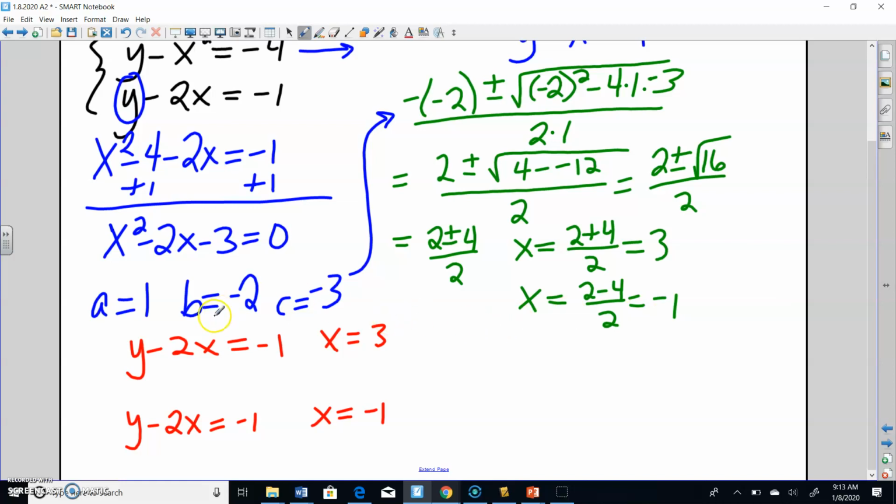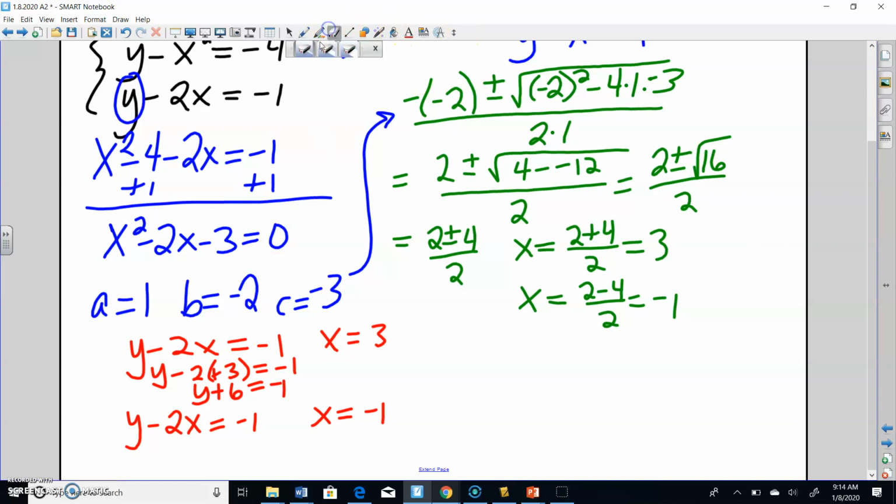Okay, so where I have x, I'm going to put a 3 in this first equation. So y minus 2 times 3 equals a negative 1. So that's y minus 6 equals a negative 1. It's a positive 3. I don't know why I'm doing a negative in there.